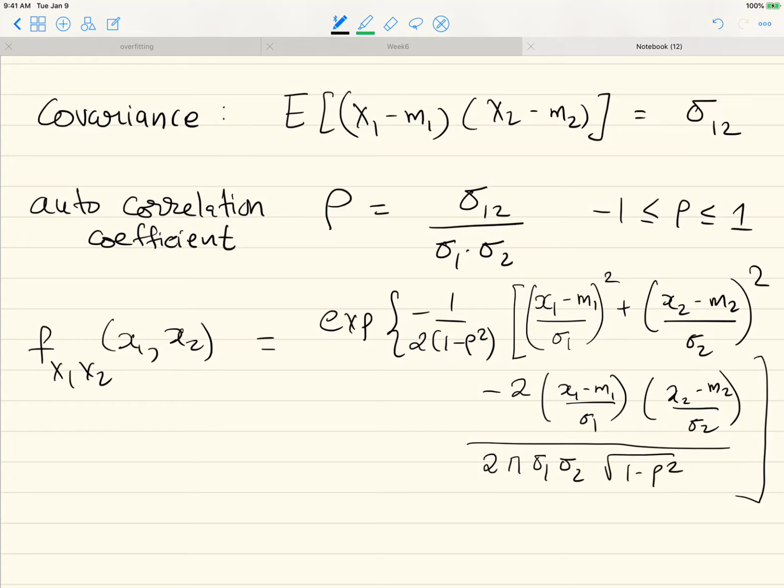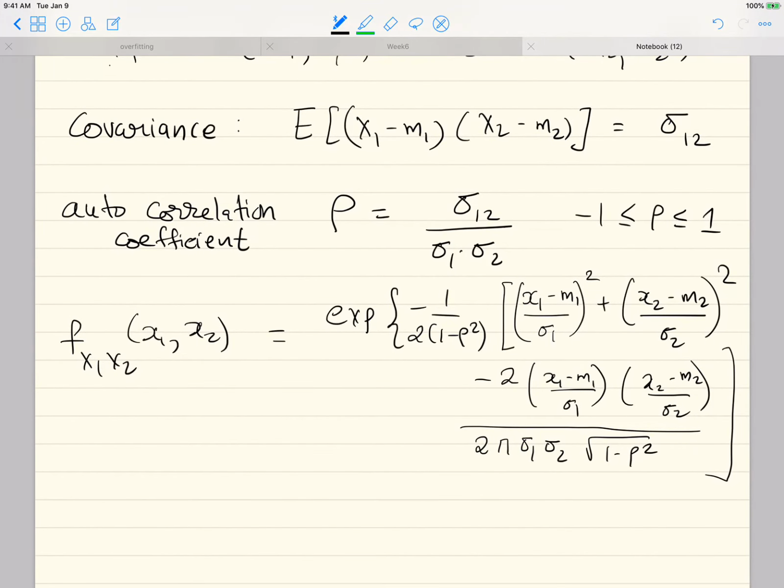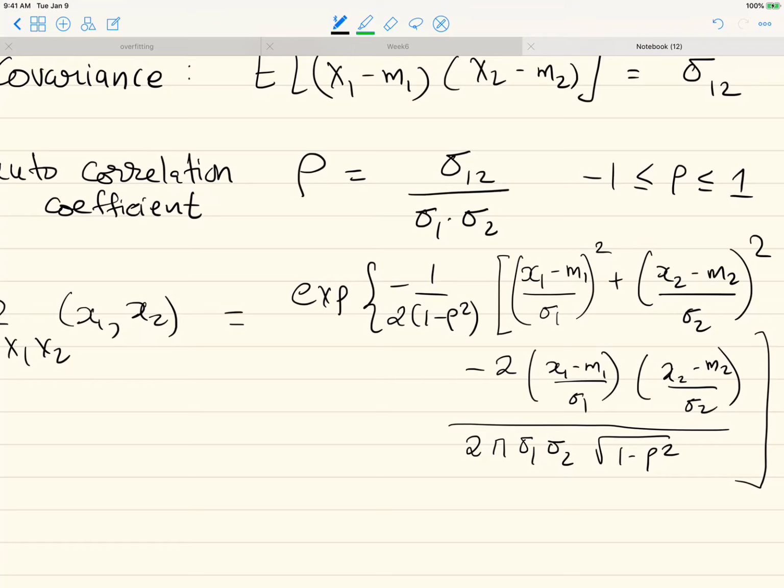This is the formula for the joint density of x1 and x2. It involves the mean and variance of the two random variables. And this is the whole thing, right? I guess the way I have written may not be clear.